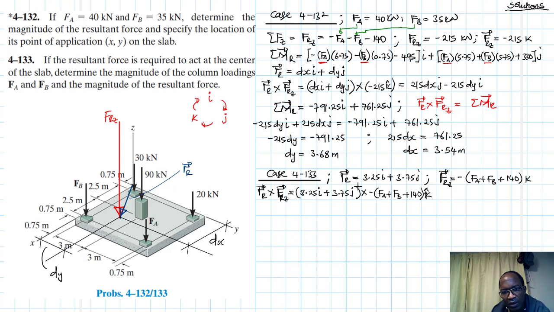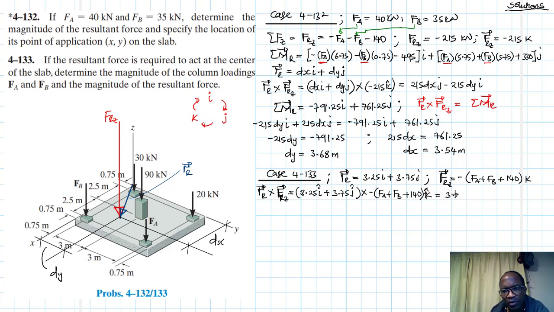Okay. So this is going to be equal to, so I cross k, I cross k, I cross k, we are going to have a negative, so that negative will disappear.